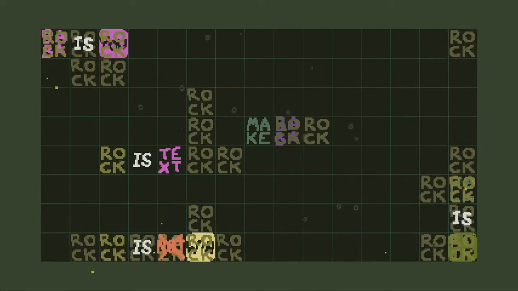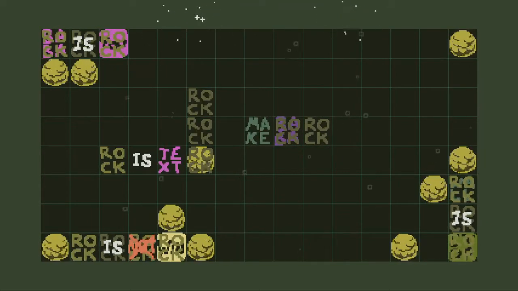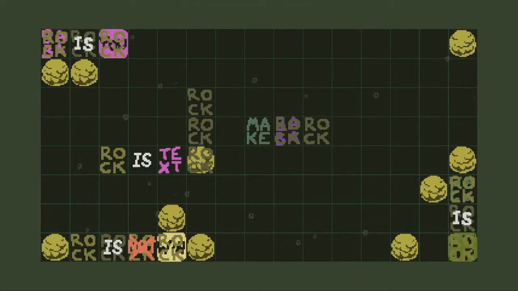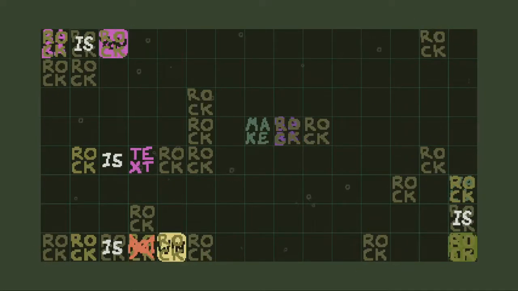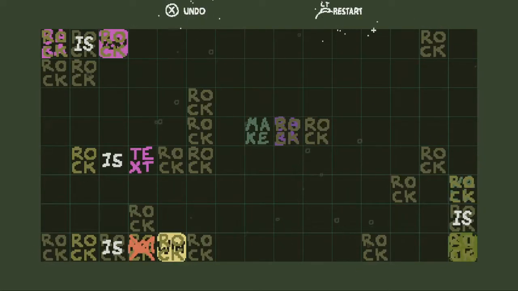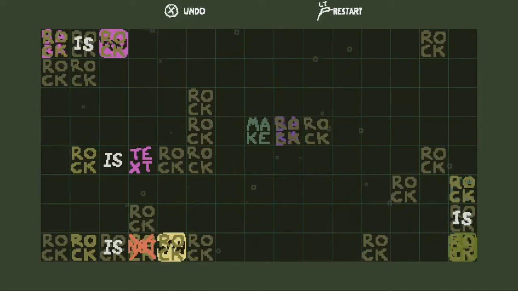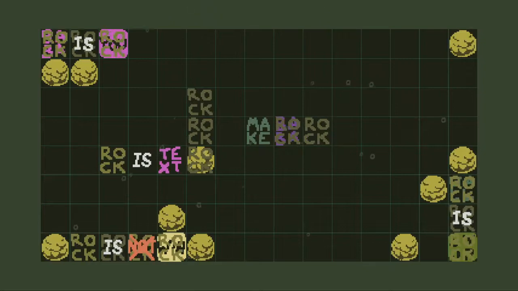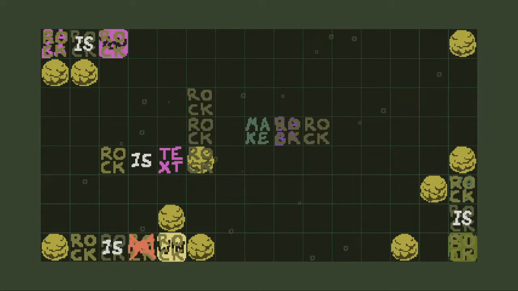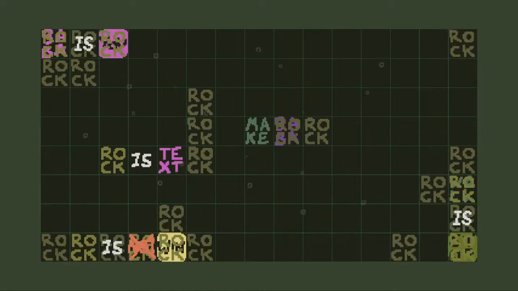So if I move to the right, well, I broke up rock is you at the upper left. If I move to the left, how did I lose rock is you? Looks like there's still rock. Oh, I destroyed all my rocks because if I just wait, I think that'll also destroy all the rocks.